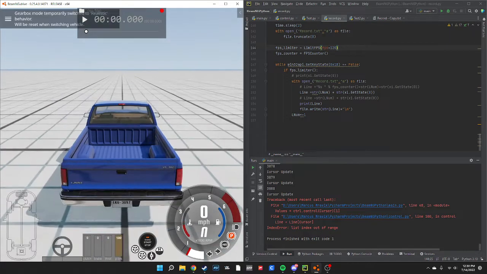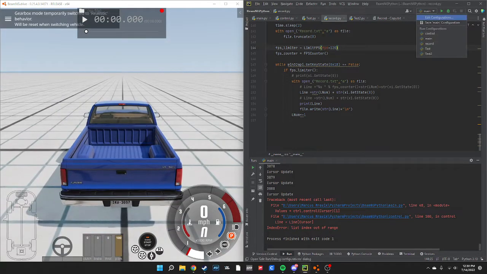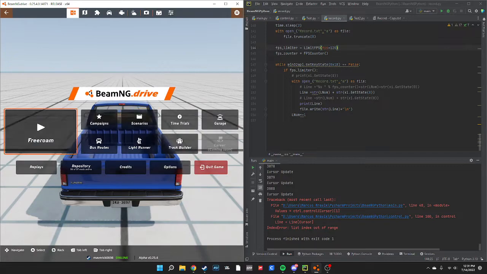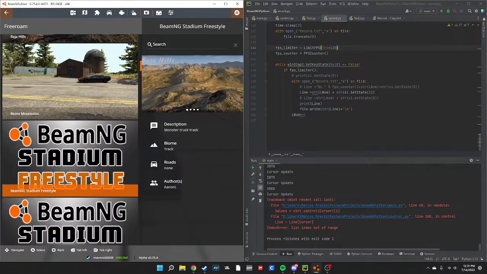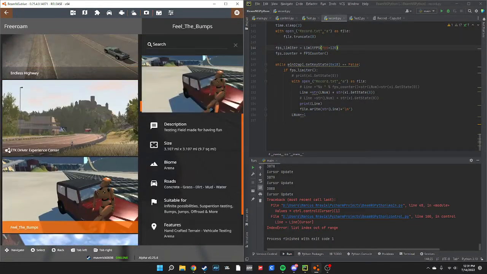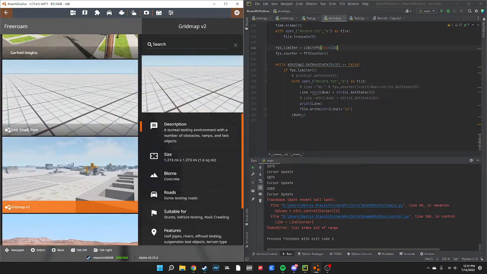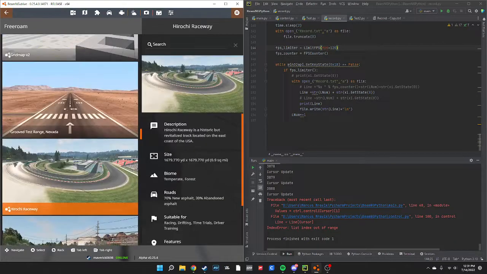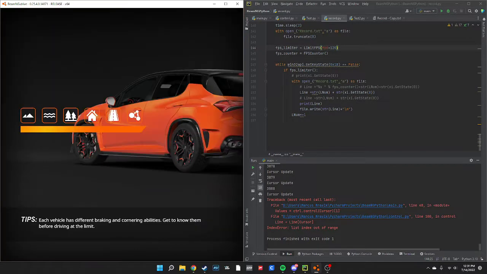When I first did the run, it's more apparent if I load into a different map. I wonder where I've got to do some technical driving or something.